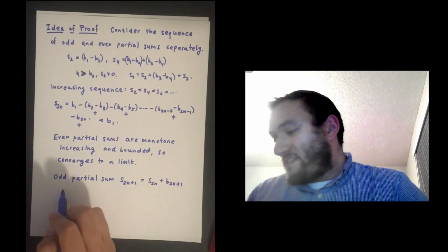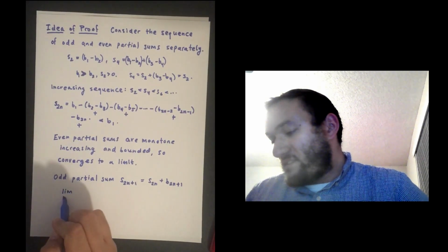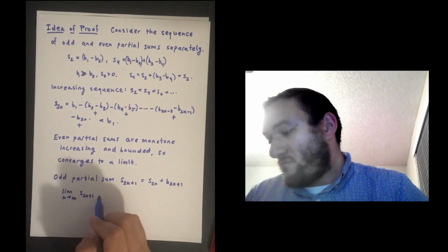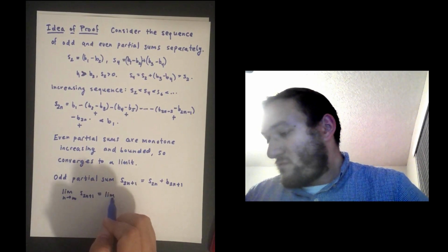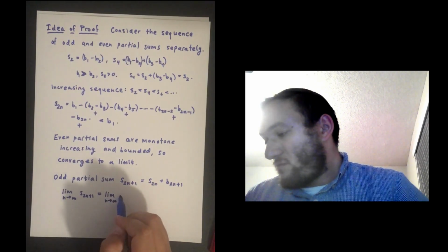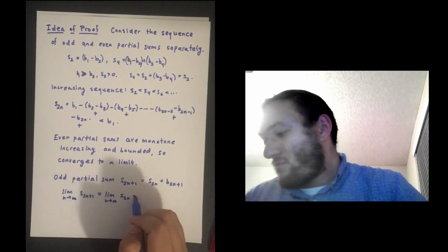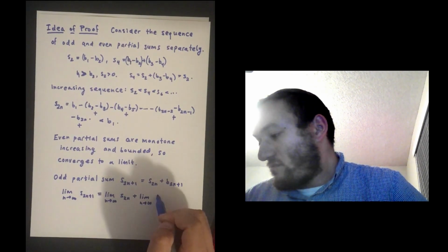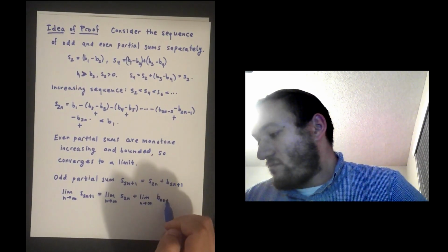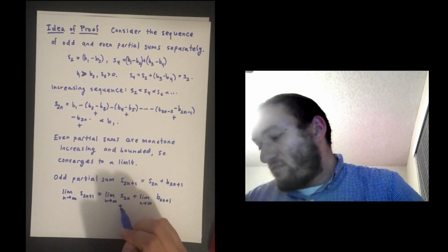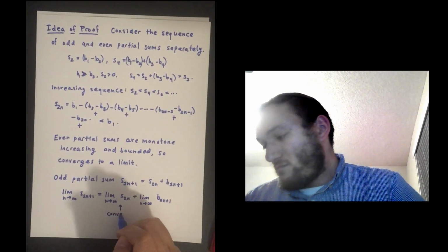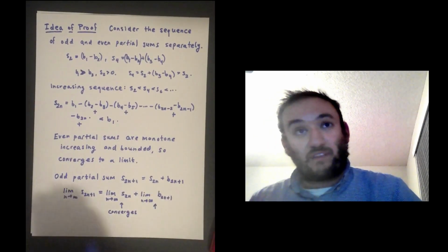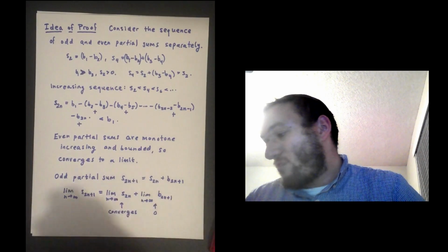Well, if I take the limit of both sides of these equations as n goes off to infinity, what I'll find is that from above, we know this converges. And we know by the conditions that we put in the test, this is 0.